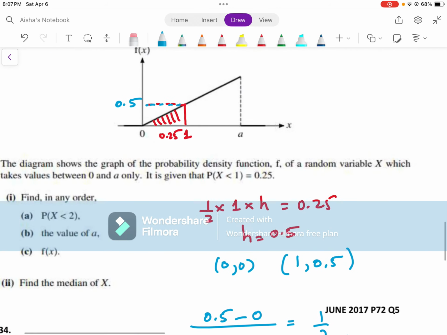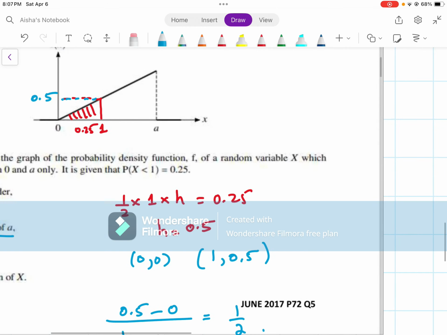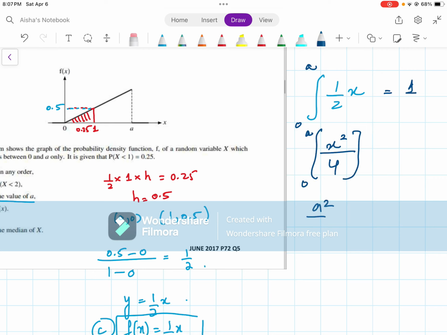Okay, now the next thing is how do you find out the value of a? If you integrate half x with the limits a and 0, the entire function should be equal to 1. So the value of a is 2.